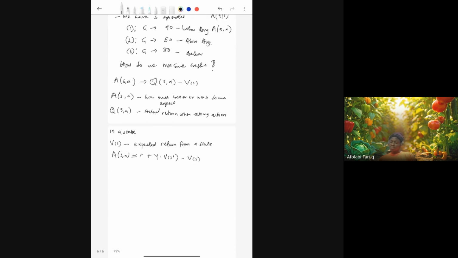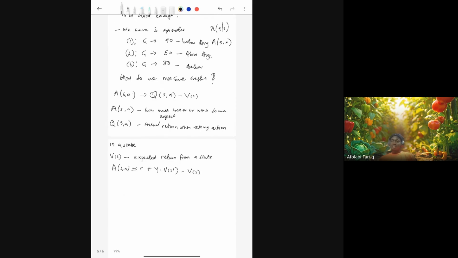So this is the expected return from the future state. So in this case, A of S comma A is the reward plus the discounting of the expected reward from the future state minus the expected reward of that given state. Okay, so that is basically that.